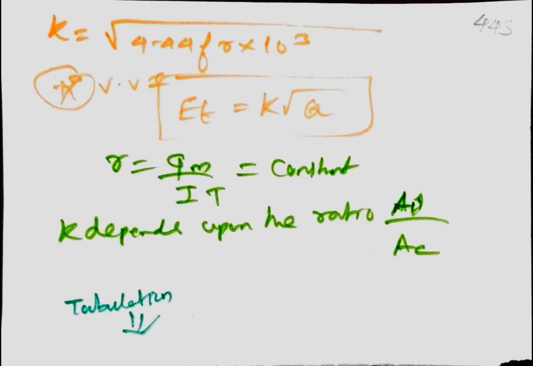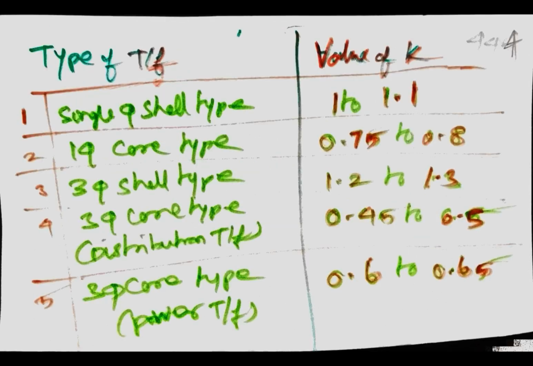Type of transformer. Very, very important equation: Et is equal to K root of Q, tabulated by type of transformer and value of K. Single phase shell type, value of K is 1 to 1.1.